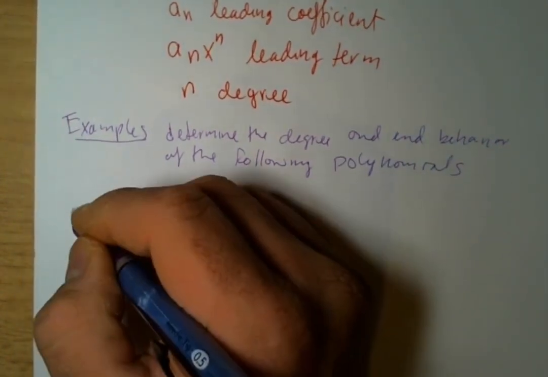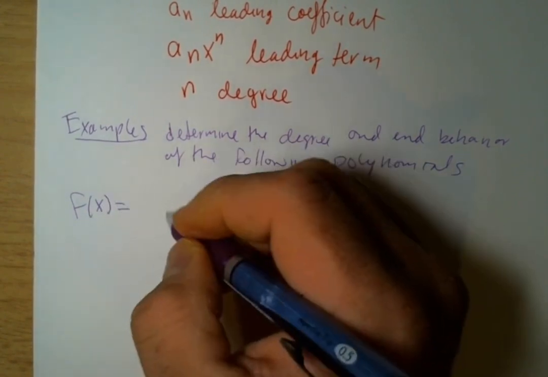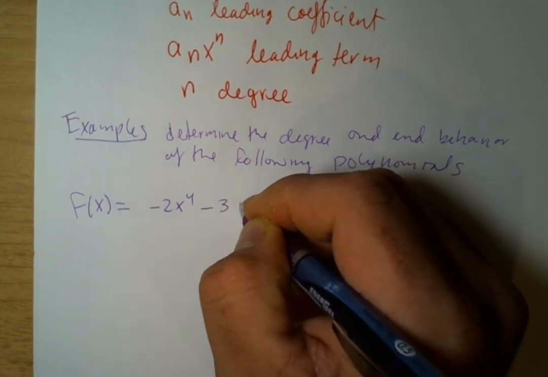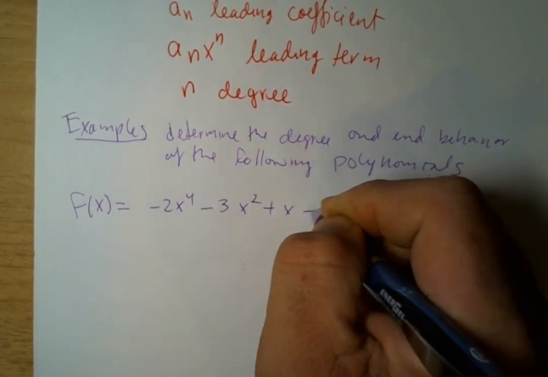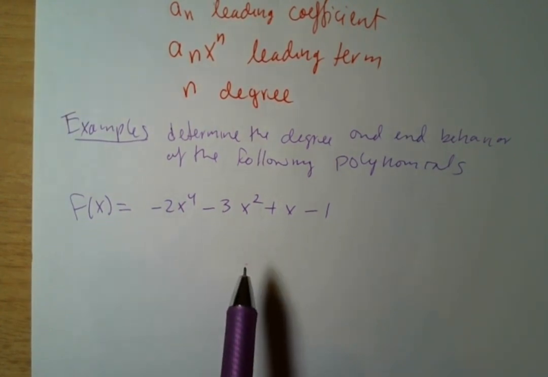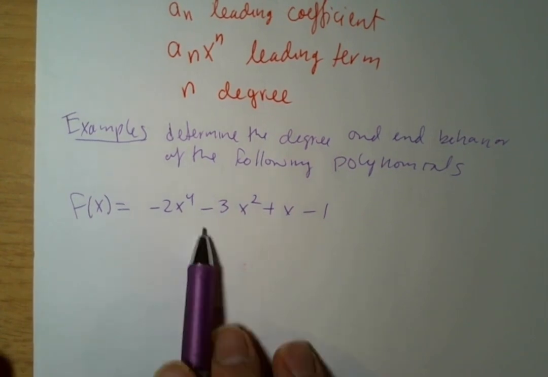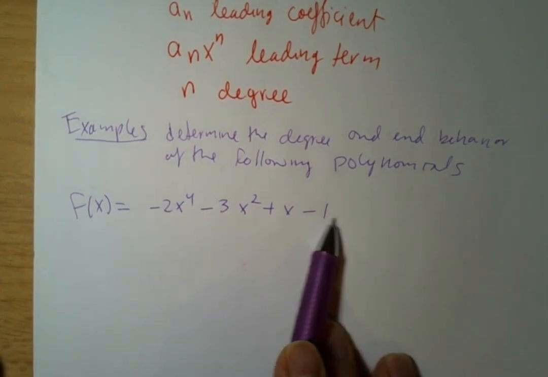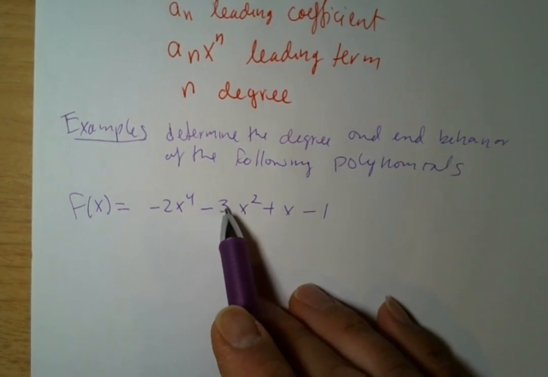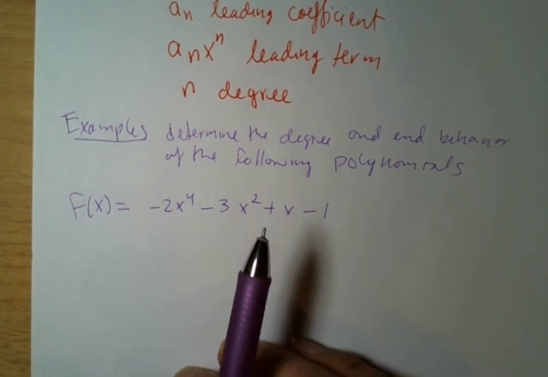Okay, so our first one, let's say this was our polynomial. It's of degree 4. Again, it's in order, with the highest power first and each term next to it decreasing in power. There's no cubic term, but that's all right. All that's telling me is that the coefficient of the cubic term is 0, so it's not represented in this polynomial.